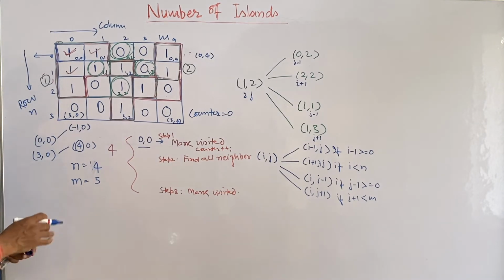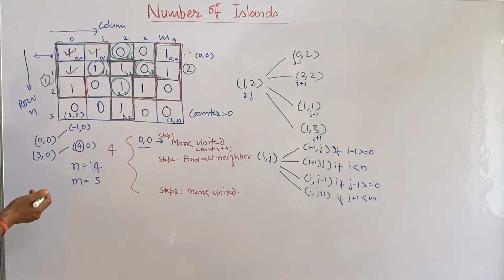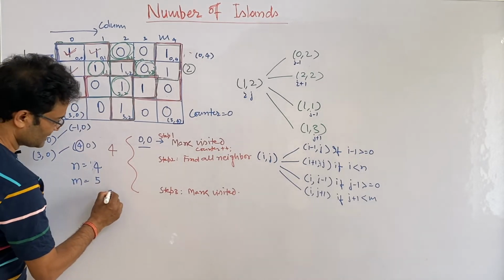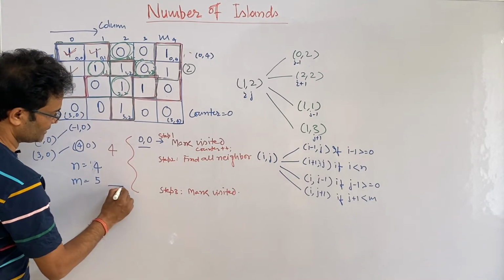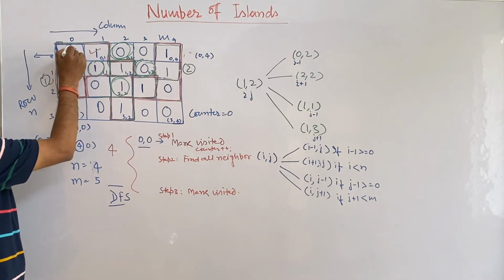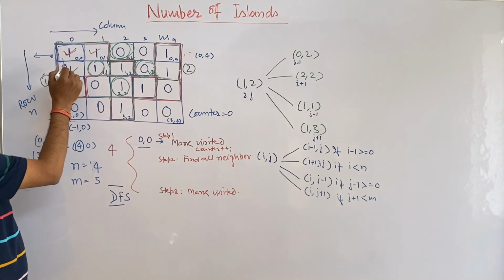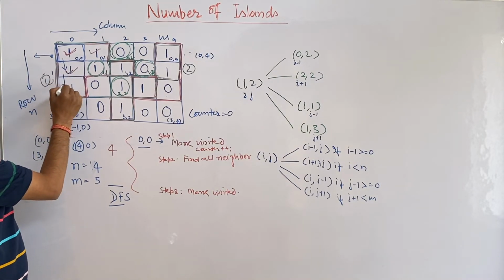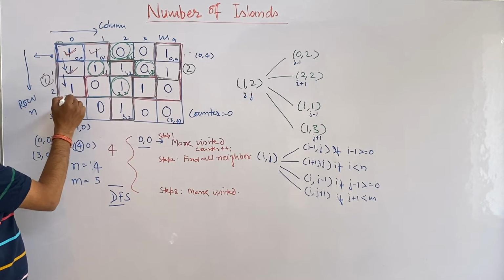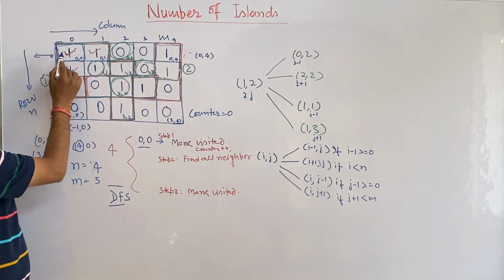But the thing is, how will you do that? Now let us start the implementation. We will use the DFS algorithm, depth first search. The moment you come here, I will visit here. If there is anyone not visited, mark this. Again come here, mark this. I will not come here because this is 0. Go back, go back, go back.